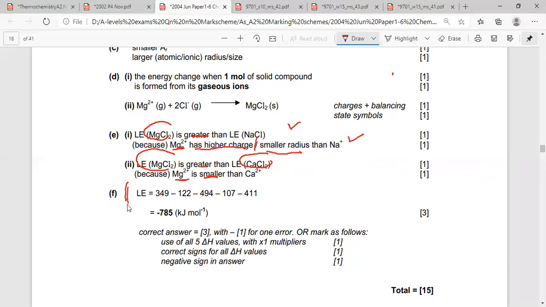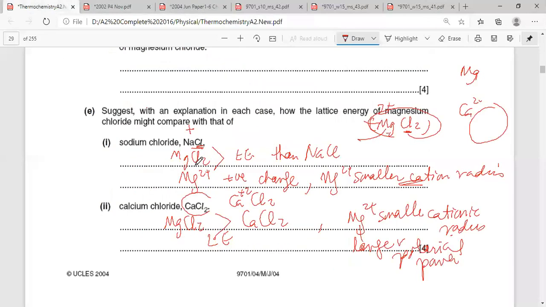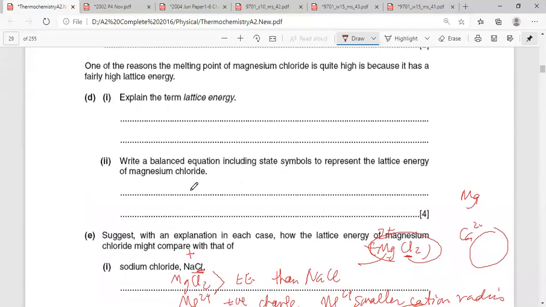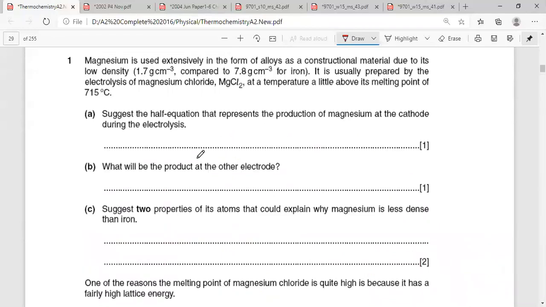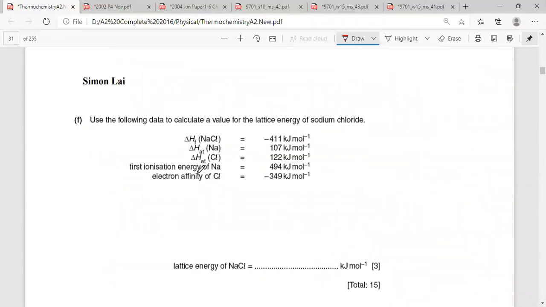Now let's look at this calculation. We do one more calculation here. Let's do one calculation for this hydration stuff.